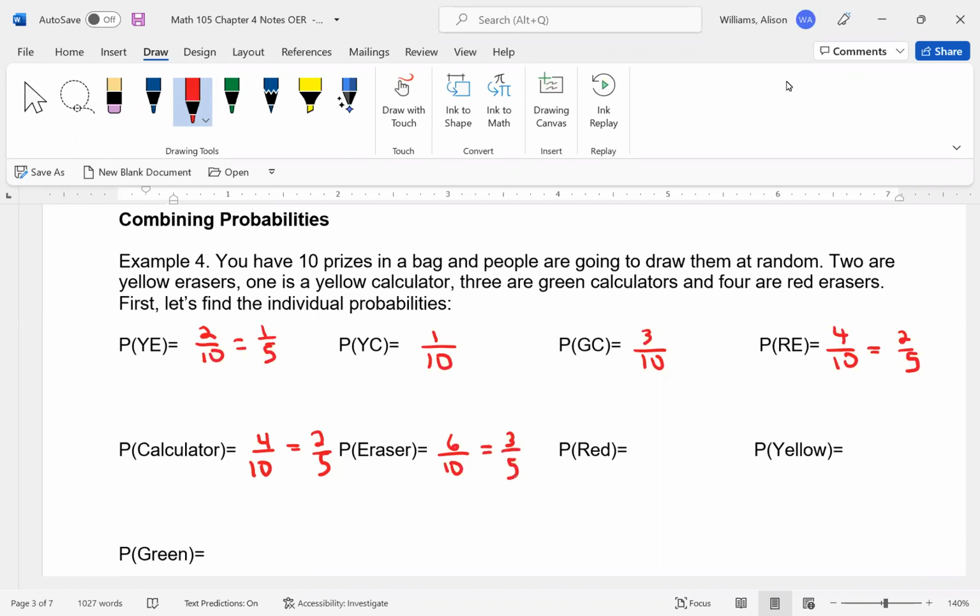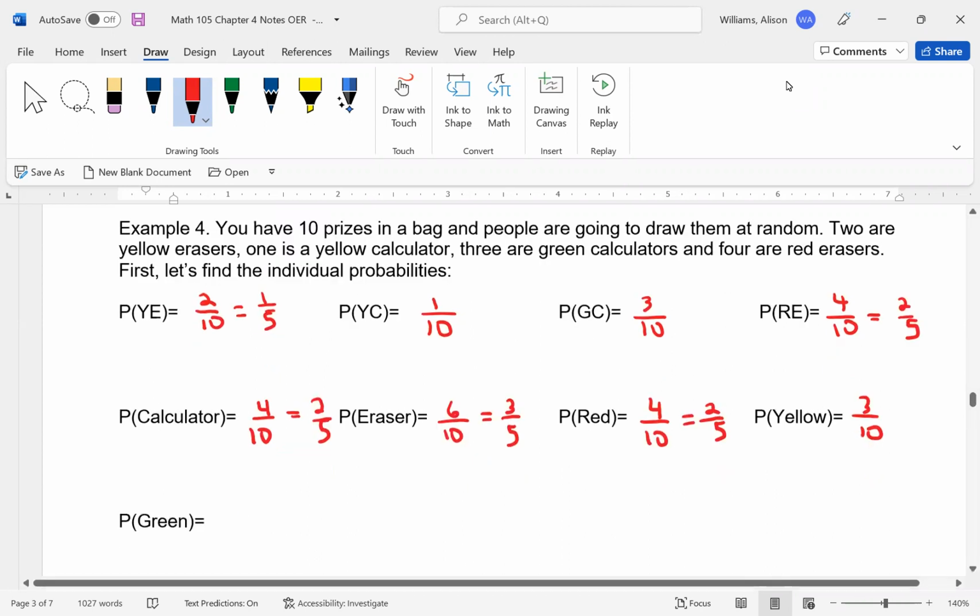And then just red objects in general, we have just the red erasers, and then yellow objects. Since there are 2 erasers and 1 yellow calculator, that would be 3 out of 10. And then for green objects, the 3 green calculators.